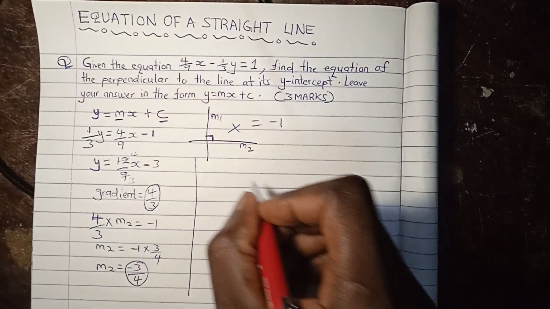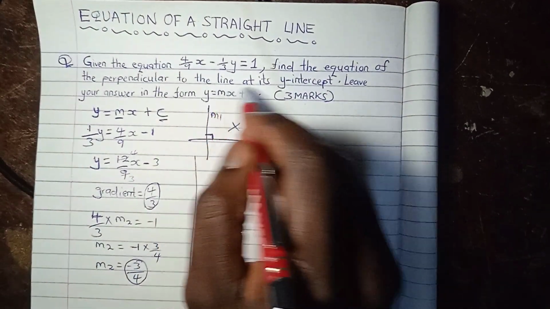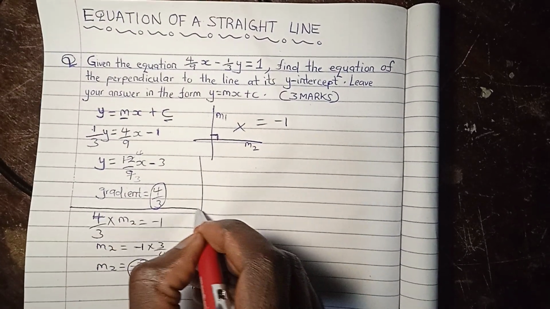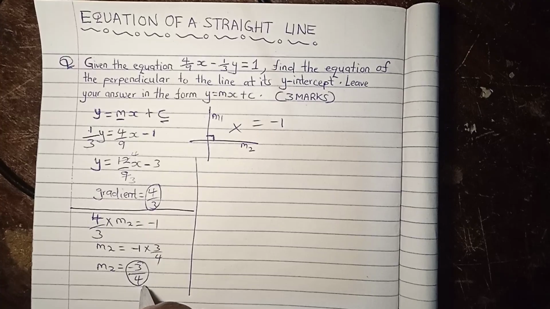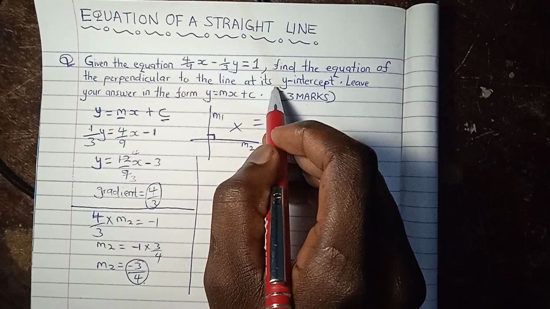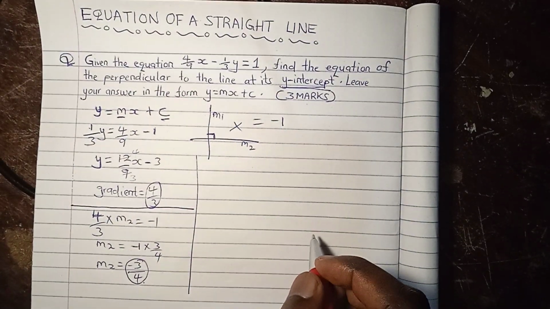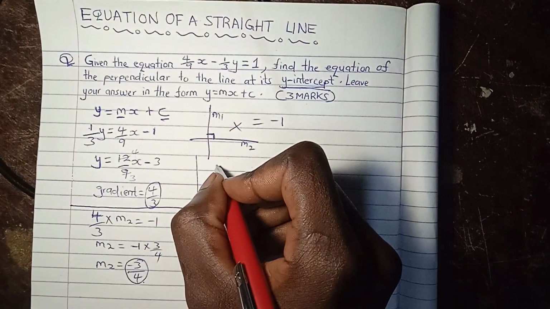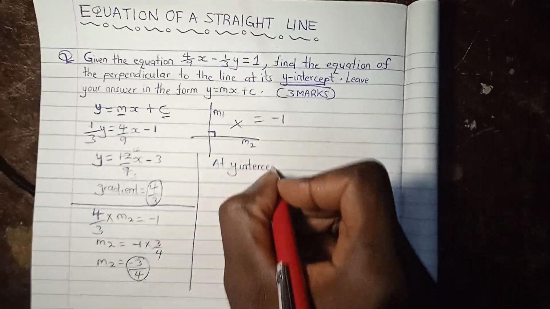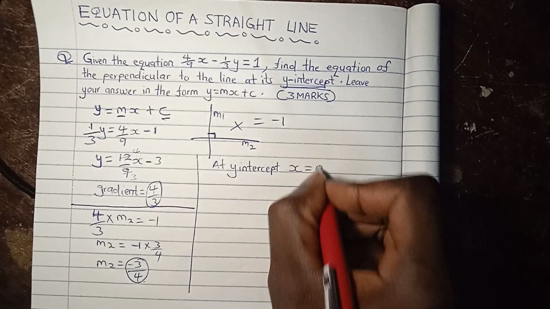Now let's proceed. What else have we been told about the second line? Find the equation of the perpendicular to the line at its y-intercept. So this is the second line, and we are required to find its equation at its y-intercept. The key word is y-intercept. What should you know about the x and y-intercepts? At the y-intercept, x is equal to 0.